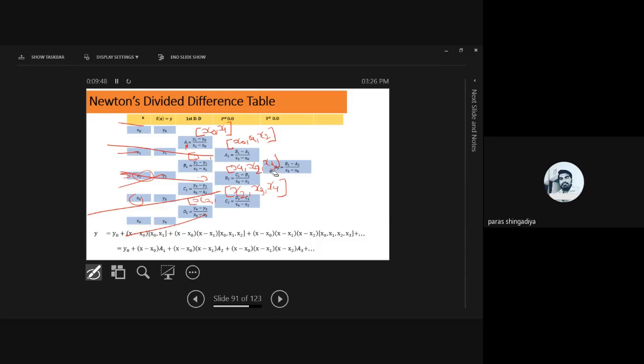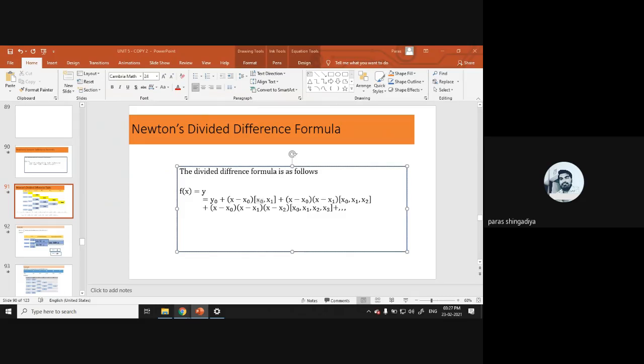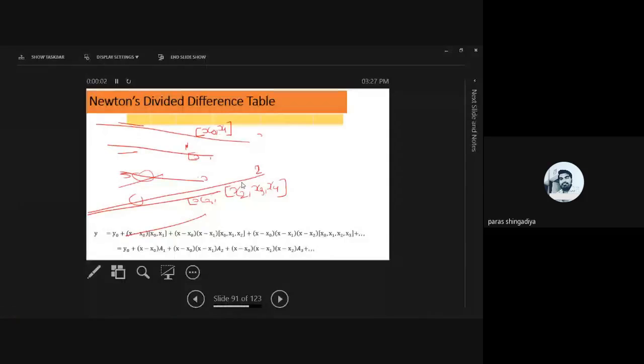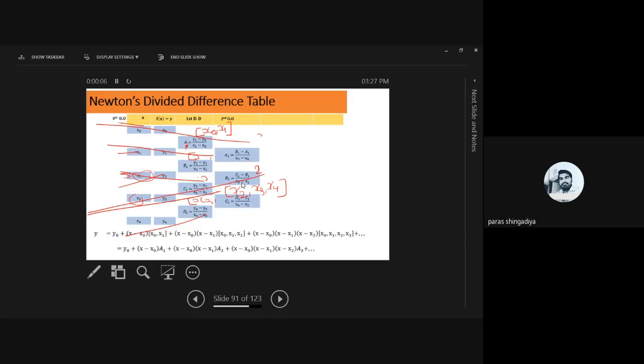That is A3, and A3 is equal to B2 minus A2 divided by x3 minus x0.